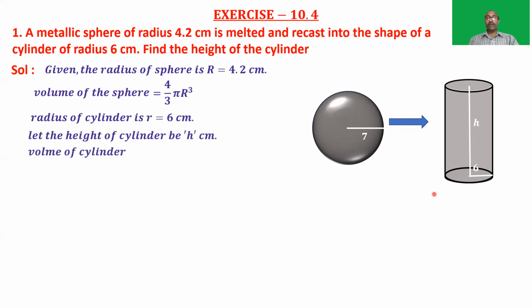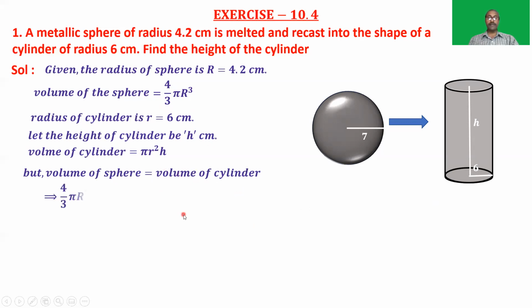So the volume of the cylinder is equal to pi r square h. But the volume of the sphere is equal to the volume of the cylinder, which we have already learned. That is, the volume of the sphere is 4 by 3 pi capital R cube, and the volume of the cylinder is equal to pi small r square h.